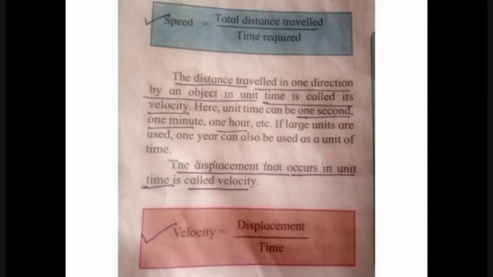Here also displacement is measured in meter and centimeter in SI and CGS systems respectively, while time is measured in terms of second. Hence, the unit of velocity is meter per second in SI system and centimeter per second in CGS system.